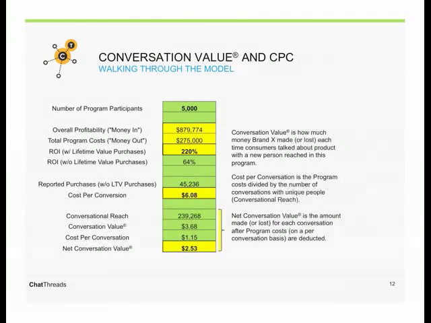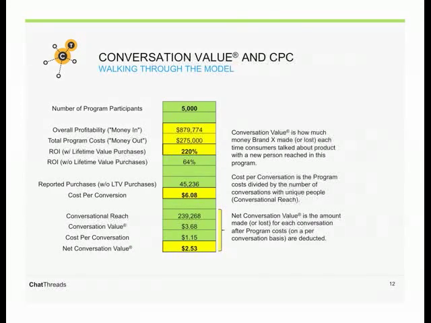And this is a metric, obviously, that you can compare across channels to see how efficient it is compared to other methods. And then, using the reach and the overall profitability, you can determine your conversation value, which here is $3.68. So that's how much money this brand made each time a consumer talked about the product with a new person reached through the program.